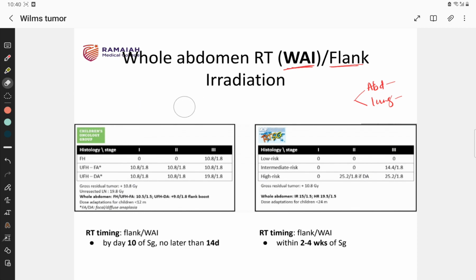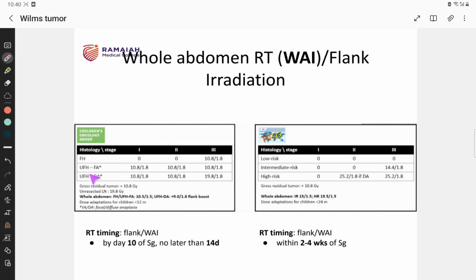So what will you do according to COG and according to SIOP? According to COG, FH is favorable histology. Unfavorable histology is divided into two based on focal anaplasia and diffuse anaplasia. In favorable histology, in stage 1 and stage 2 there is no indication of RT, but in stage 3 there is indication of RT: 10.8 gray in 6 fractions, so 1.8 gray per fraction.